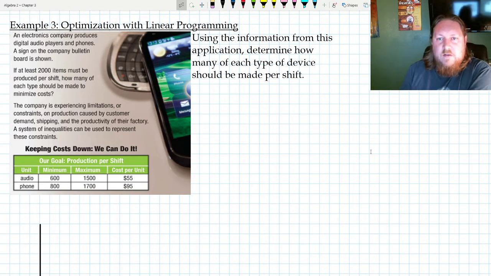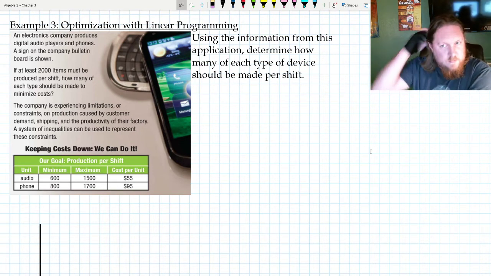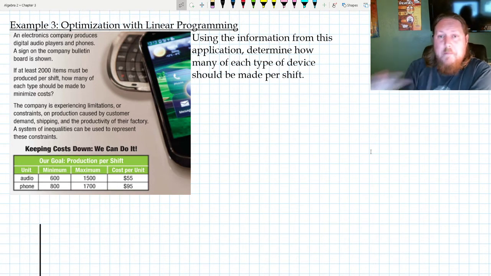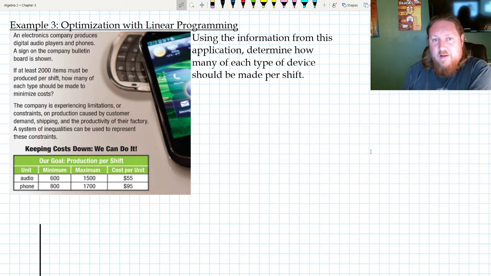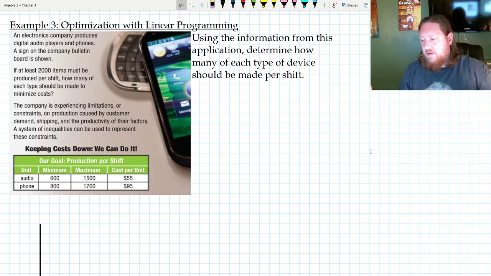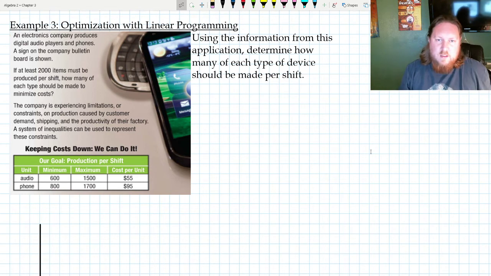The company is experiencing limitations or constraints on production caused by customer demand, shipping, and the productivity of their factory. Basically, if they make a billion phones and digital audio players, which I don't know if they even exist anymore, they can't ship them all out. They can't get them out fast enough. They would just get a bigger and bigger pile at the warehouse, and that's not good because you're making something that you're not selling.